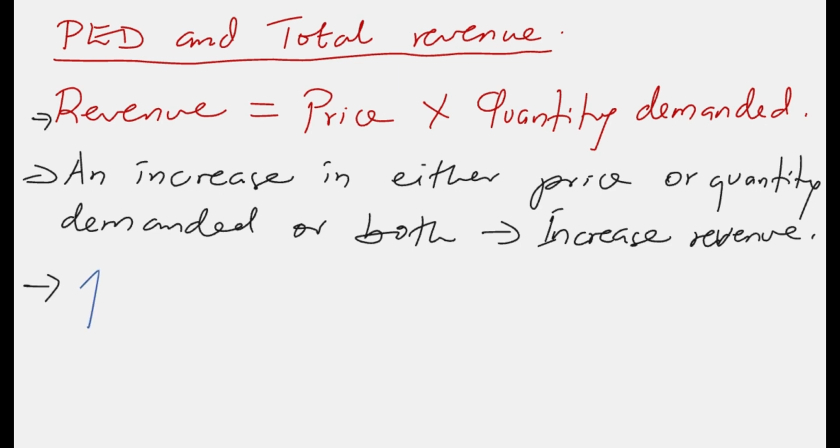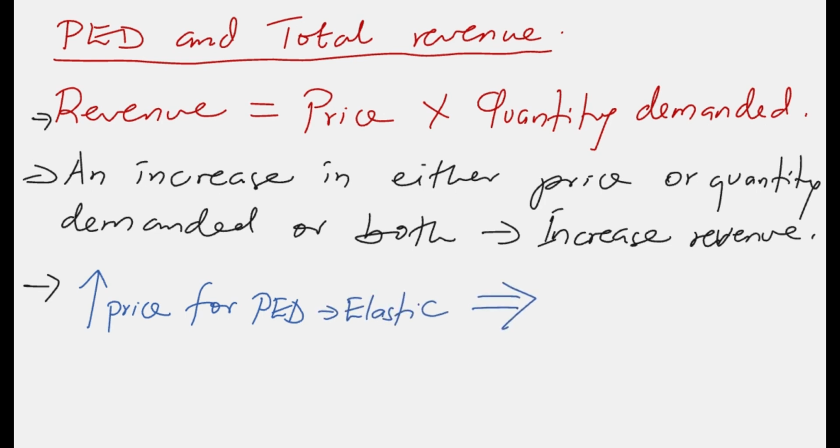So we say that if you increase the price for a good whose demand is price elastic, let's get this clear. If you increase the price for a good whose PED is elastic, what do we expect? The revenue is likely to go down.